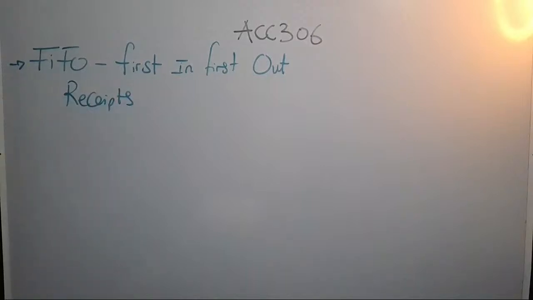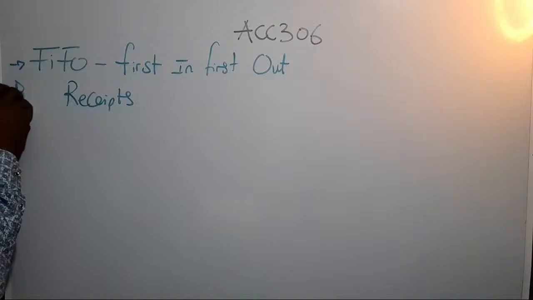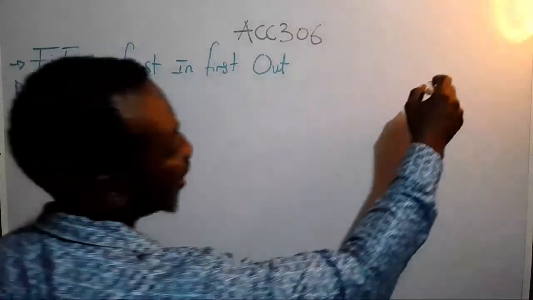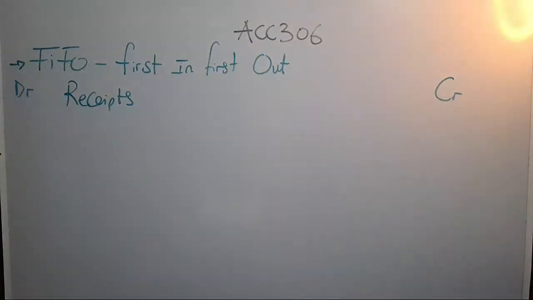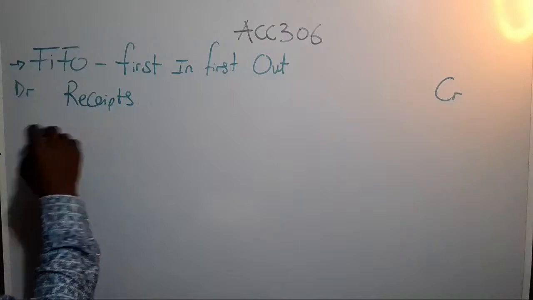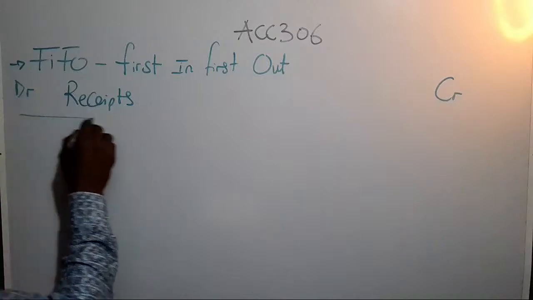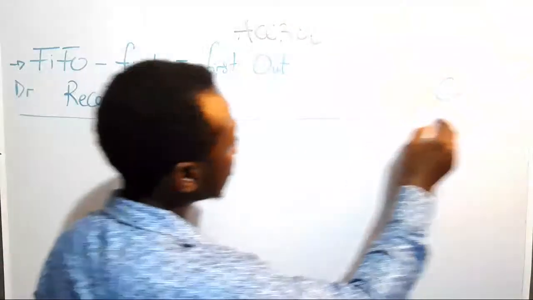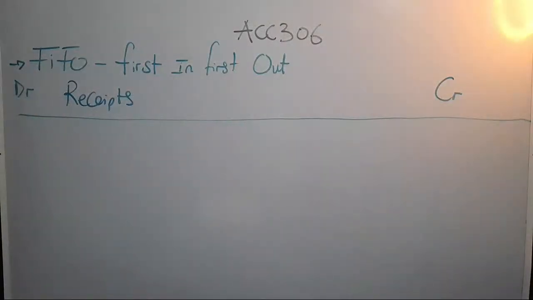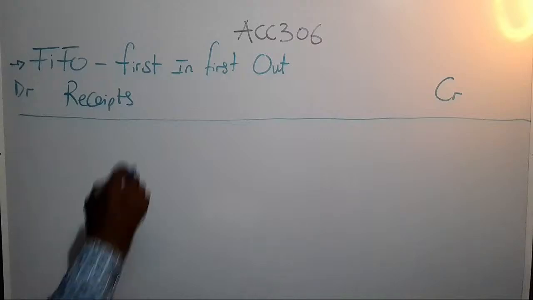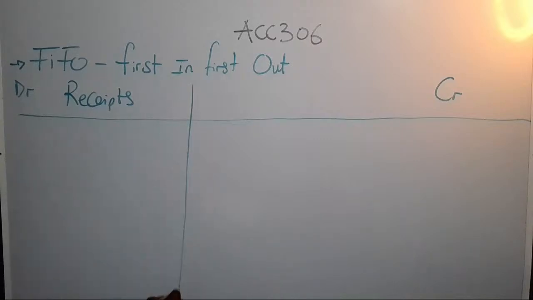So this is more like the DR, and this is the CR, credit side. So under the receipt, I'm just going to draw the straight line. Under receipt, we have some particulars.